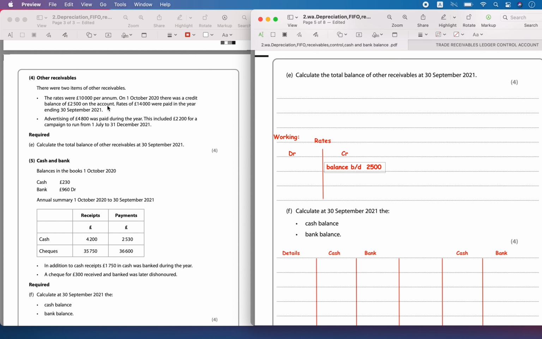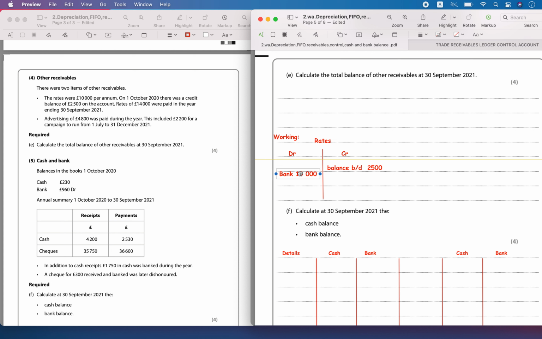Now, it says that the actual rates were 10,000 per annum, and they had paid 14,000. So in the bank it would have been paid as 14,000. So expense paid and prepaid is going to appear on this side.